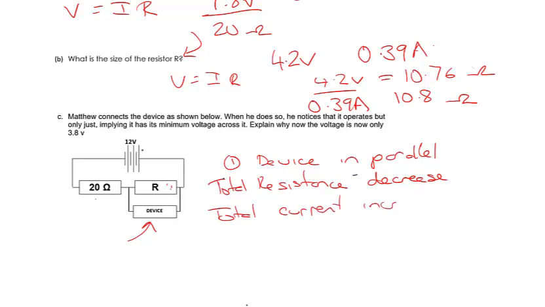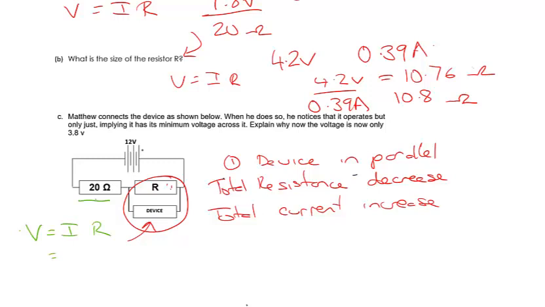So at this stage, it may seem very straightforward, but what happens over here? Now, before we look over there, we need to consider what's going on next door. So in the 20 ohm resistor, its voltage is current times resistance.